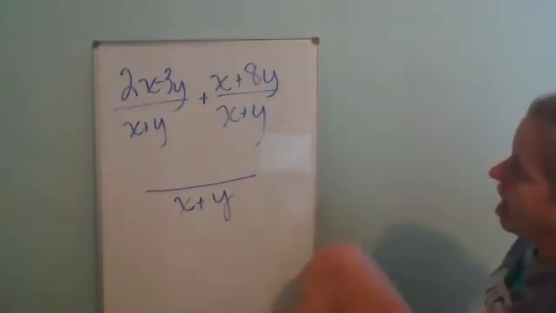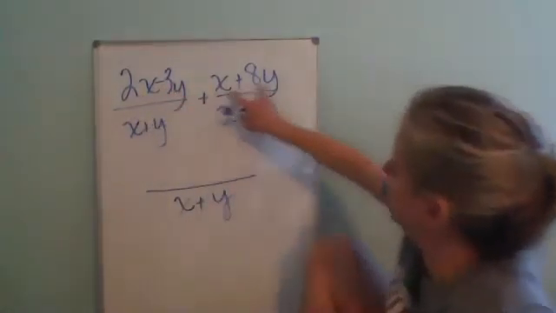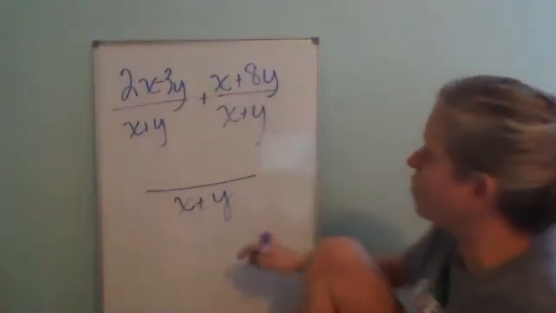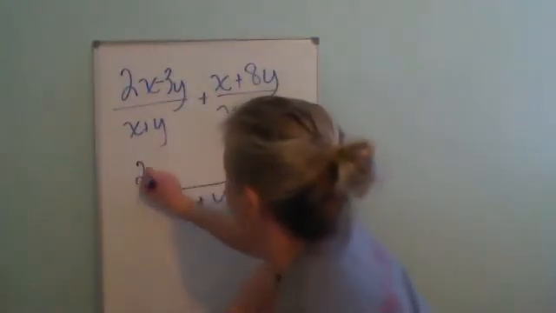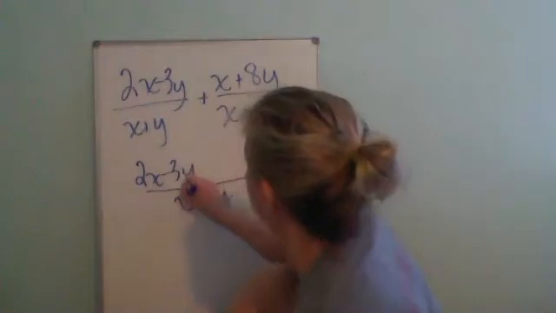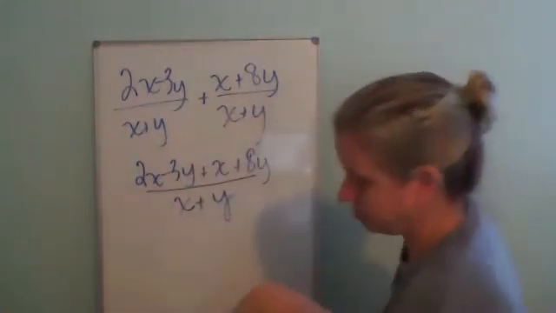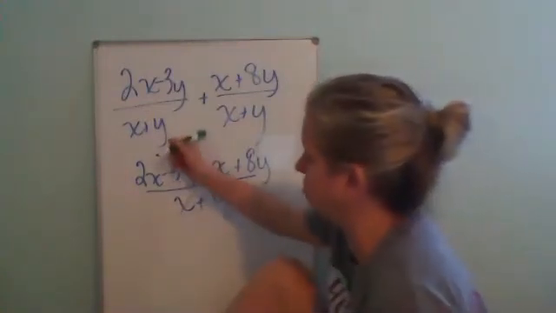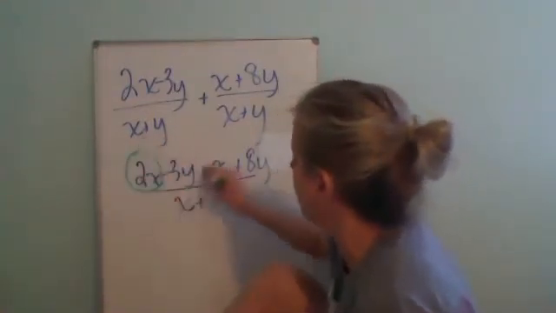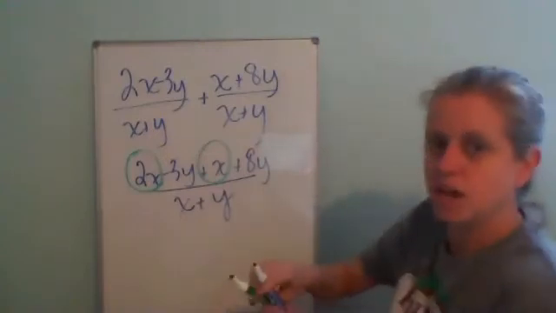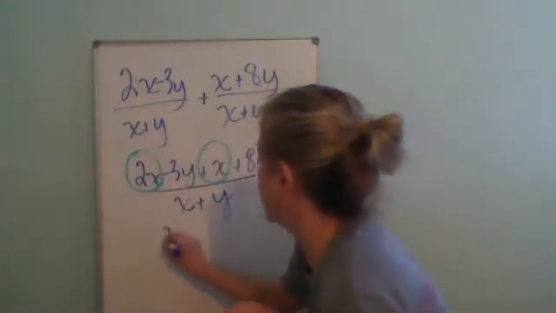So let's see, up top, I'm just going to rewrite this whole thing in the top over that x plus y. So I've got 2x minus 3y plus x plus 8y. And then combine like terms up top. So this 2x, I can put with that 1x. When I put those together, I get 3x.